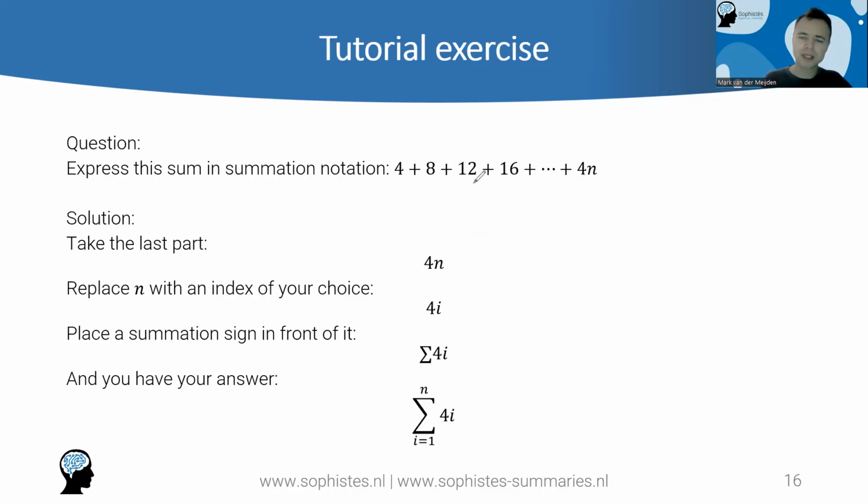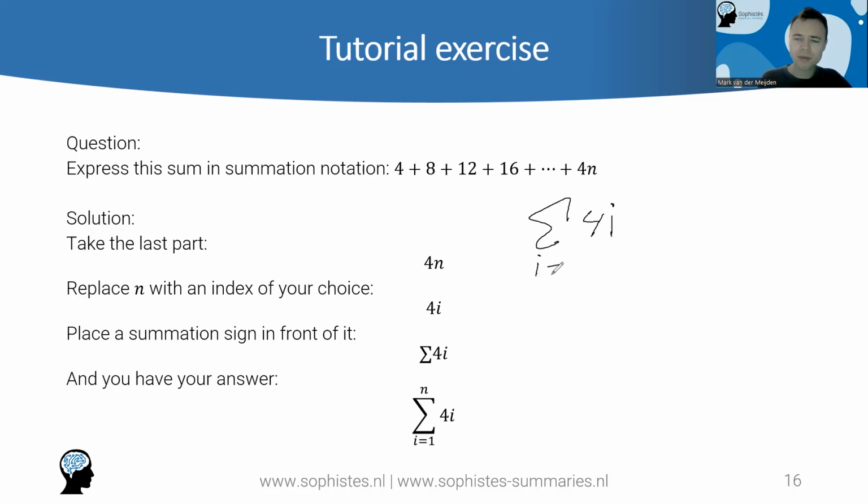So 4 plus 8 plus 12 plus 16, all the way up to 4n. So I start with the final term, the 4n, and then I replace the n with a sign of choice. So could somebody say a letter? For example, the i, right? Here I didn't already use the i, so I can just take it.